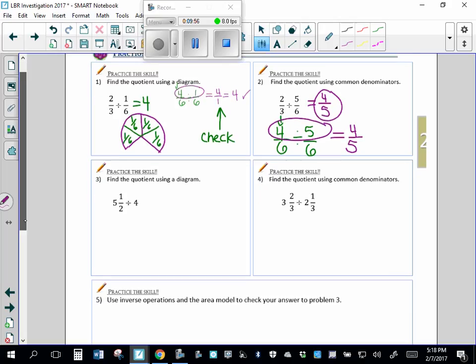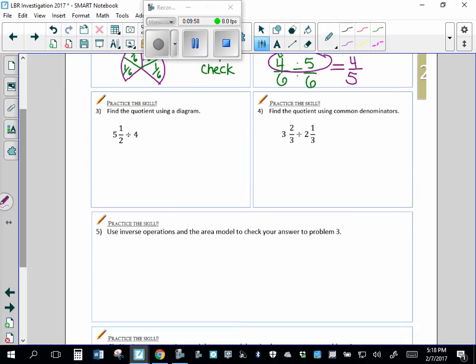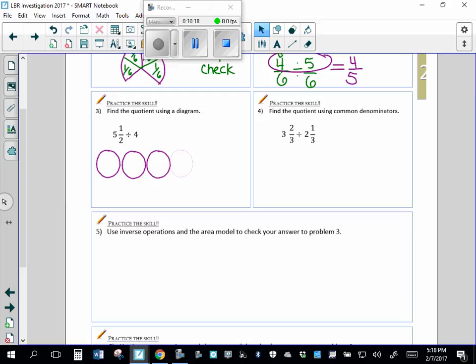We did this hard problem in class. So the picture for 5 1/2, first let's just build 5 1/2. 1, 2, 3, 4, 5.